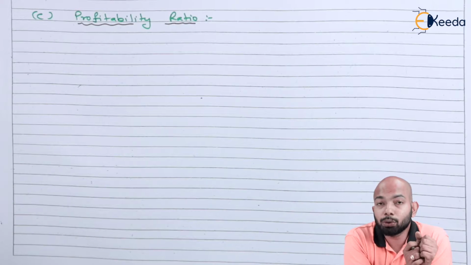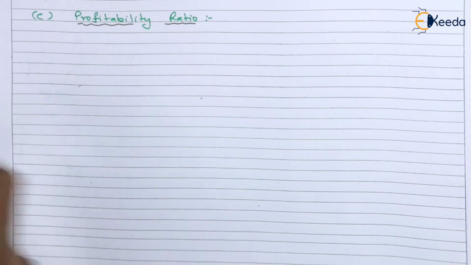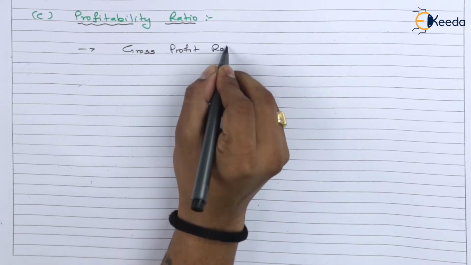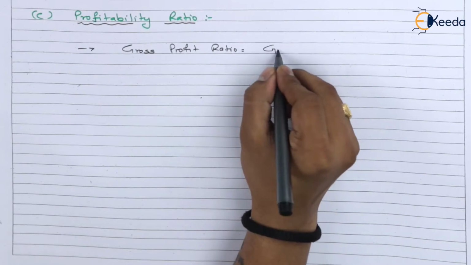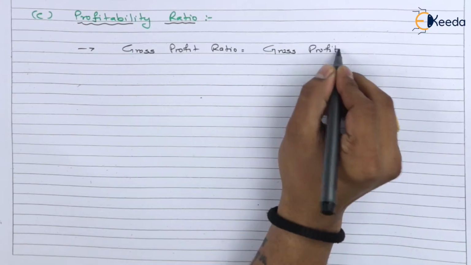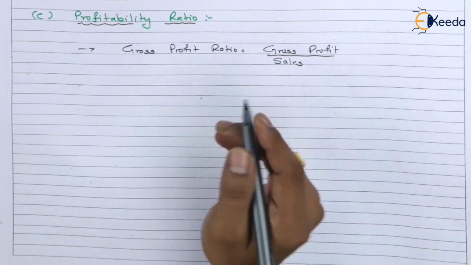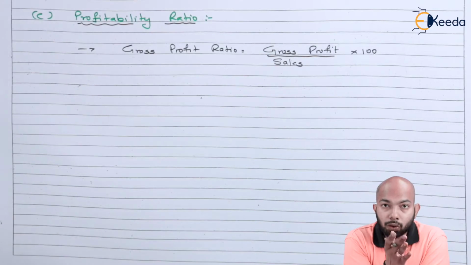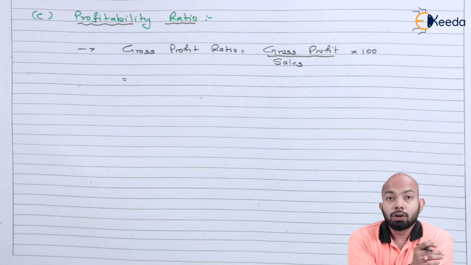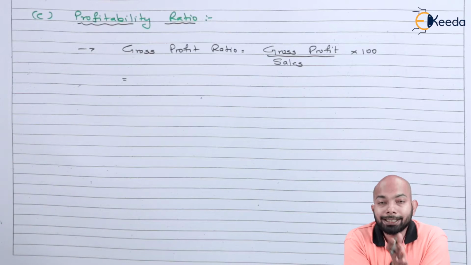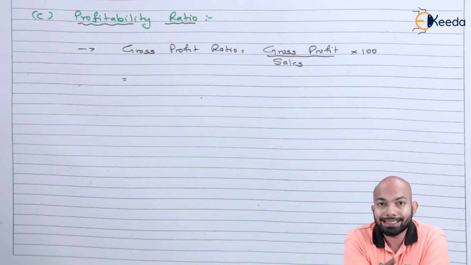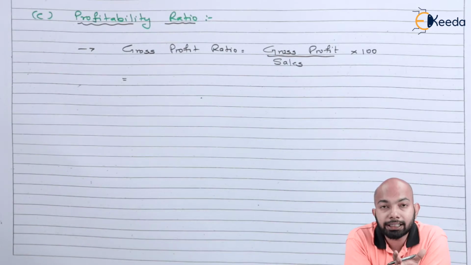The first thing that we'll be doing is the gross profit ratio. The formula for gross profit ratio is gross profit upon sales into 100. To figure out the gross profit, that means sales minus cost of goods sold, that will give you the gross profit exactly, because this is a part of the trading account.